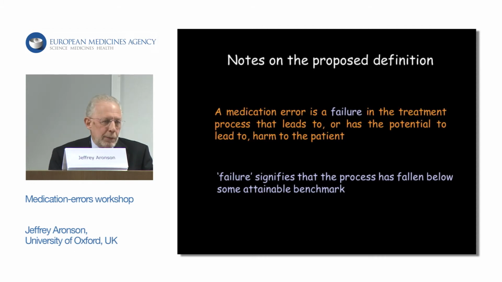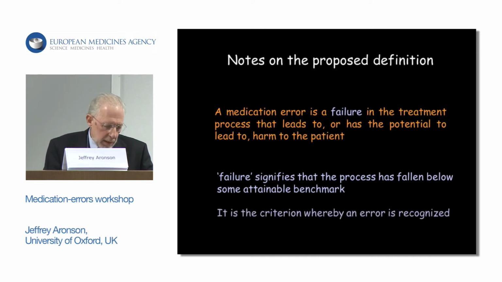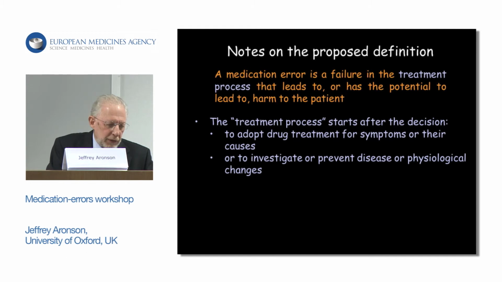It might be, for example, to take a simple case, that an error would be made if in writing the name of the drug down, you spelt it wrongly, within reason. That might be an attainable benchmark. And one might define certain errors of that kind as being trivial and others as not. And failure is also the criterion whereby the error is recognized. So it seems to be obvious from what I've said.